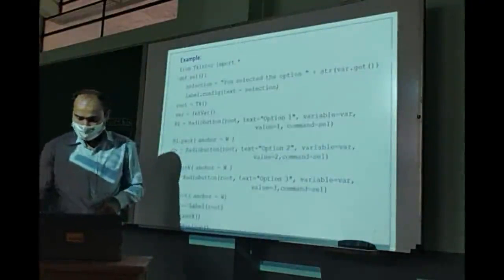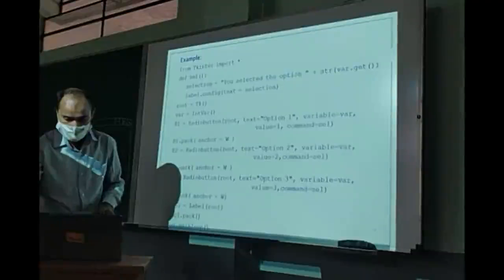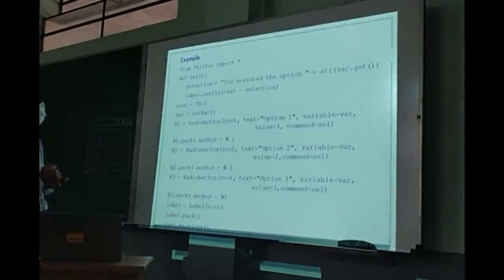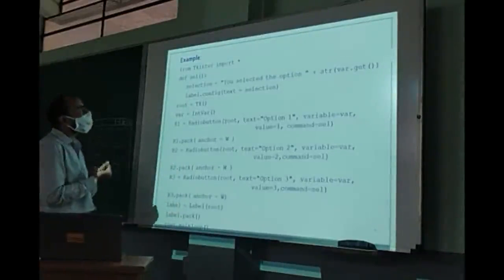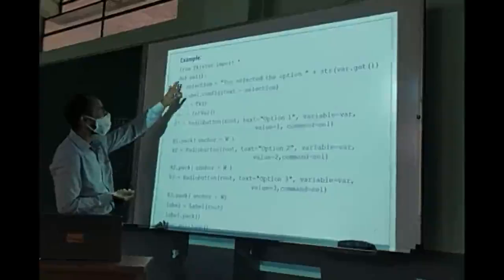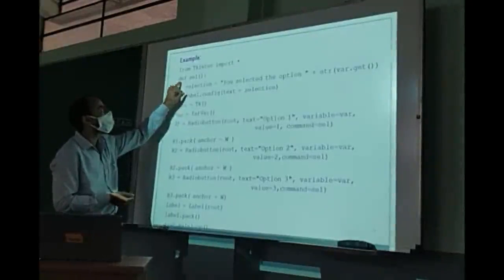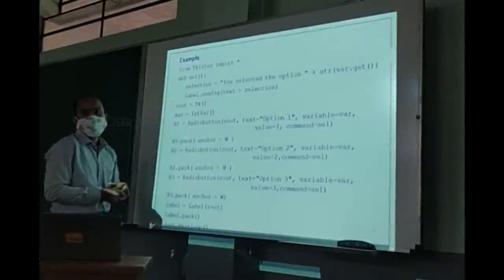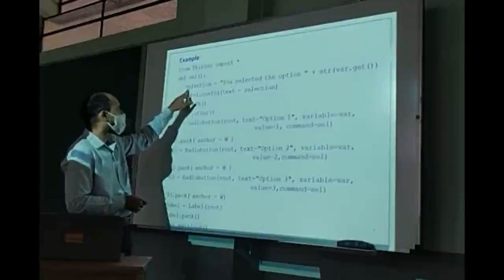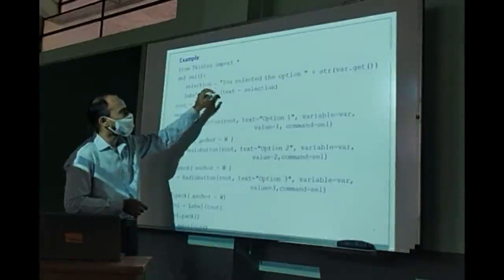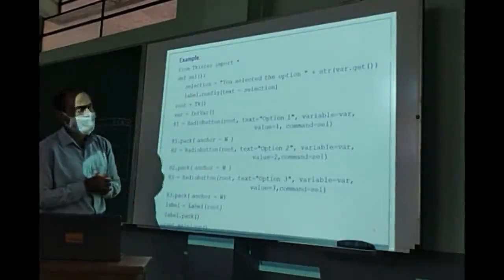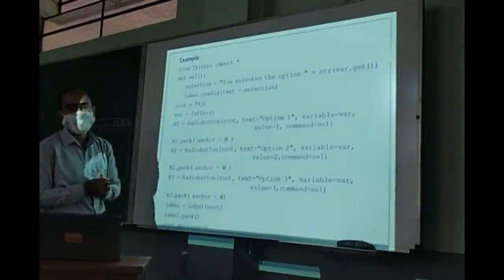Look at this example. In this example, we have first imported tkinter, then we have one function, the SEL function. In this function, the first line is selection equals to "you selected the option" plus str in brackets var.get.